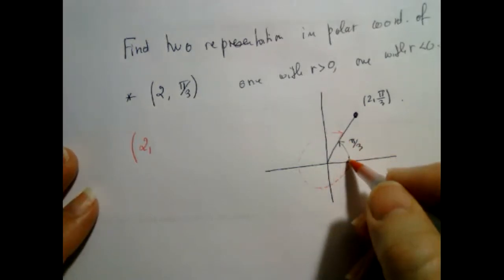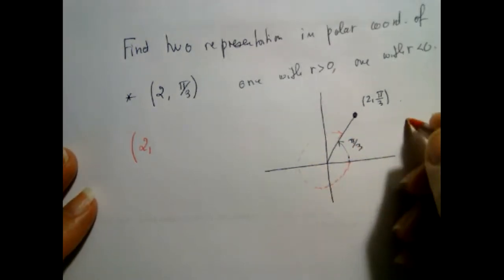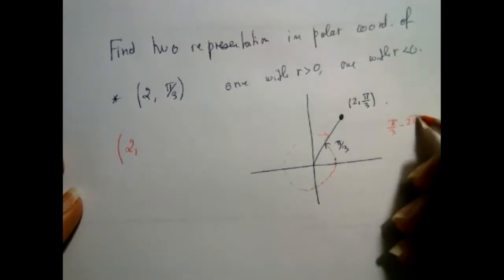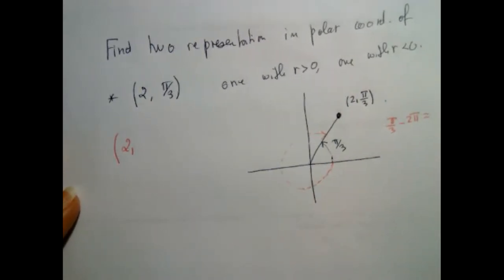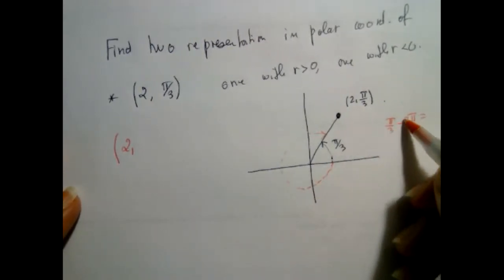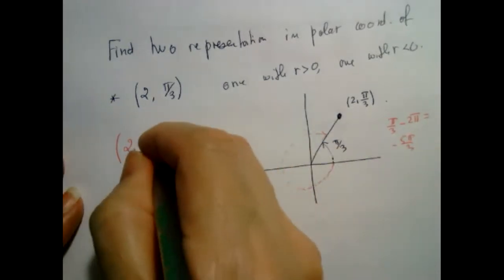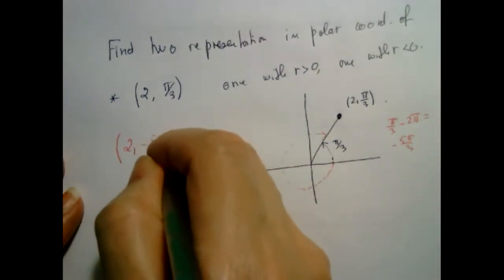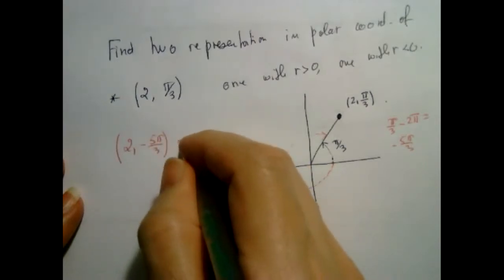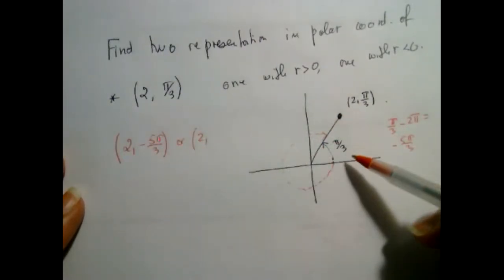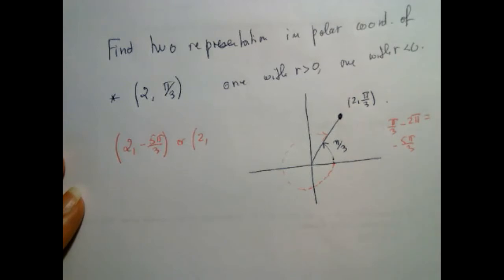So he said it's pi over 3. You take away 2 pi. So one representation is pi over 3 minus 2 pi, which will give me exactly the same point, and this is negative 5 pi over 3. So that's a representation. Or instead of going backward 2 pi, why don't we go forward 2 pi, which is even easier.